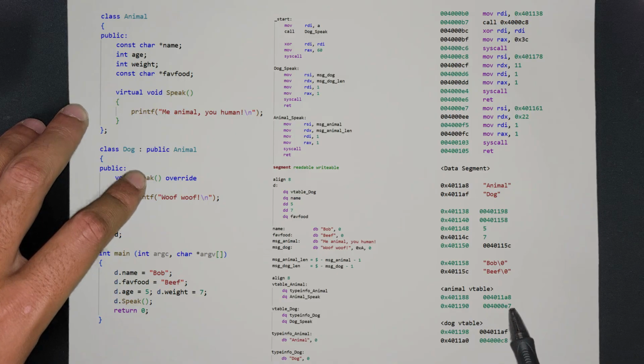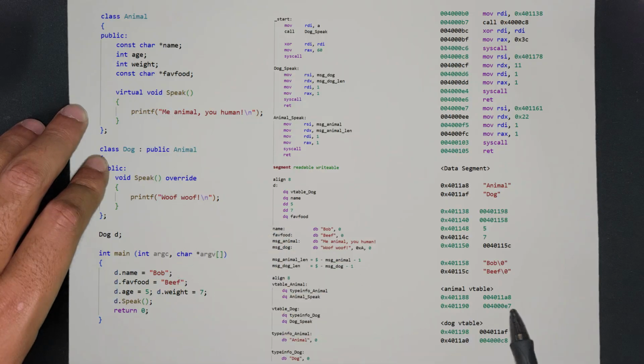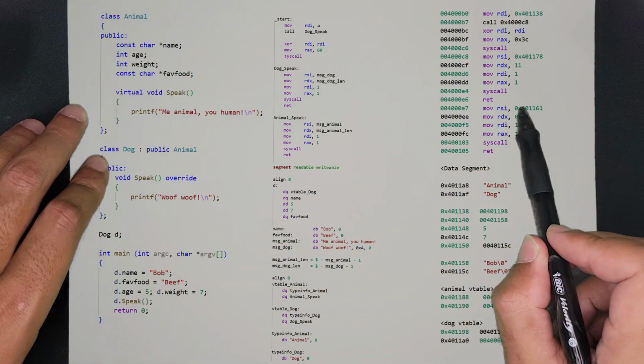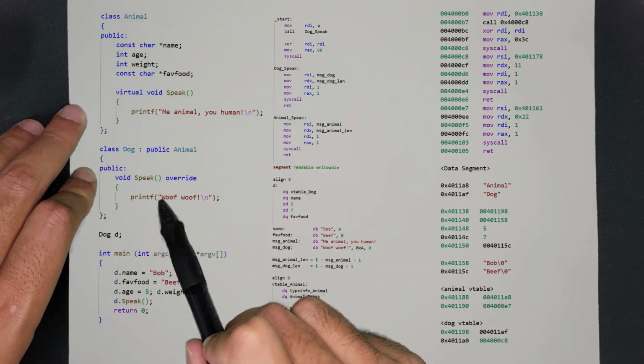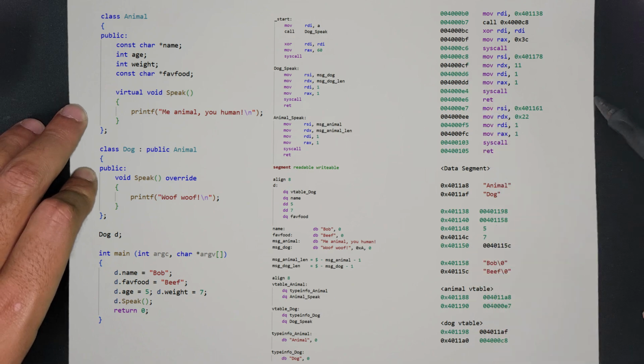And E7 is a location for the speak method for animal itself. So E7 is all the way up here, and we can see animal speak is at E7, and it performs it there. And then the dog version of speak, the overridden one for woof woof, is here, and that's at, it seems like, C8. So if we look at the dog's vtable, then we see C8 is that first virtual method.